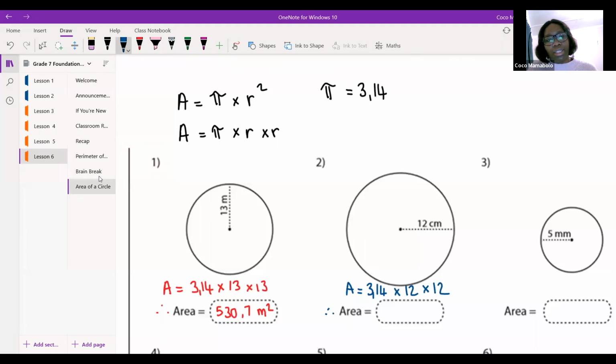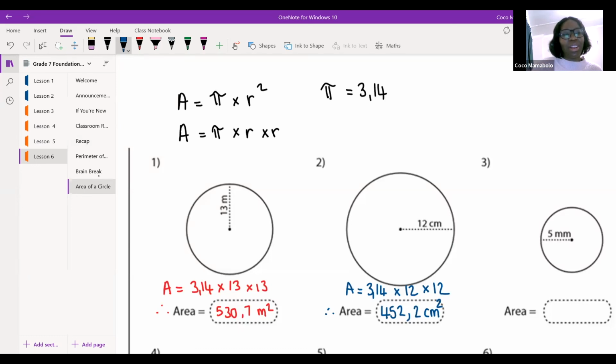Therefore, area is equal to 452,16. Okay, and that's going to give me comma 2. And what is my units going to be? Centimeters squared. Don't forget the squared. Oh, you almost forgot. There we go. Excellent. Well done, Bukang. Thank you, ma'am.